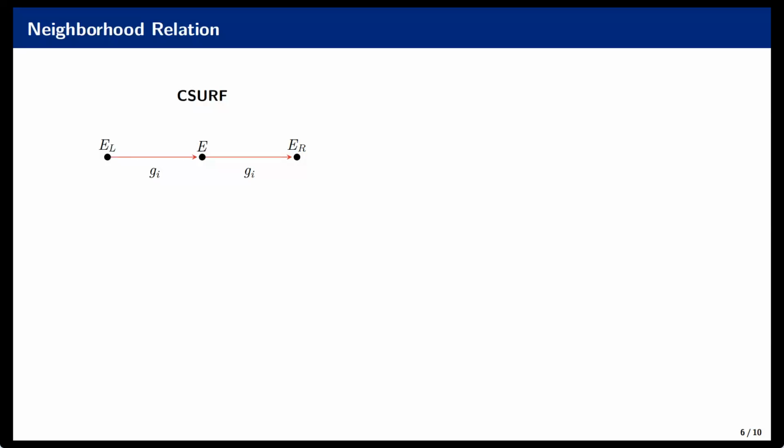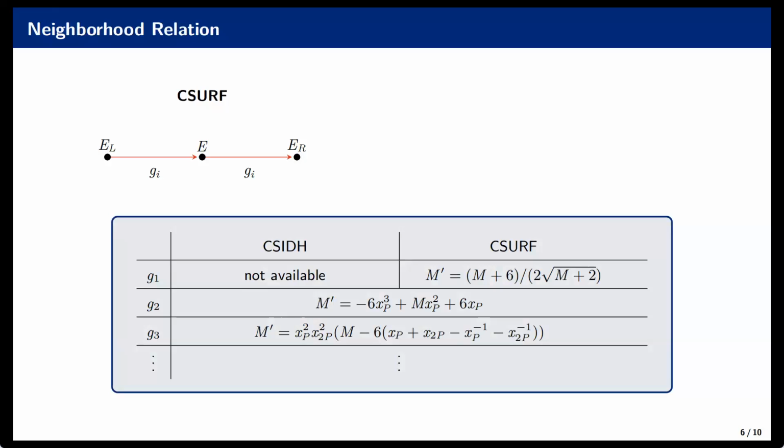Right. So how can we make use of this? I've drawn the situation here again. We have this left and right neighbor, and they are connected by some generator action. So what can we say about the relationship? Well, remember these formulas I gave you a couple of seconds before? They tell us how one Montgomery coefficient is related to the other one if we know that they are related by the generator.